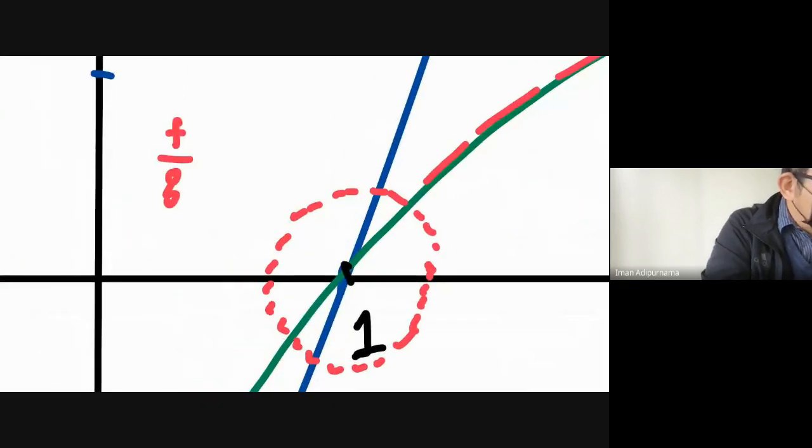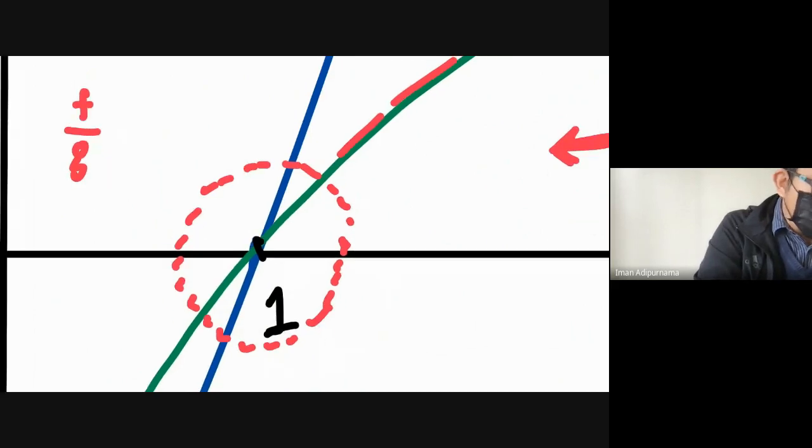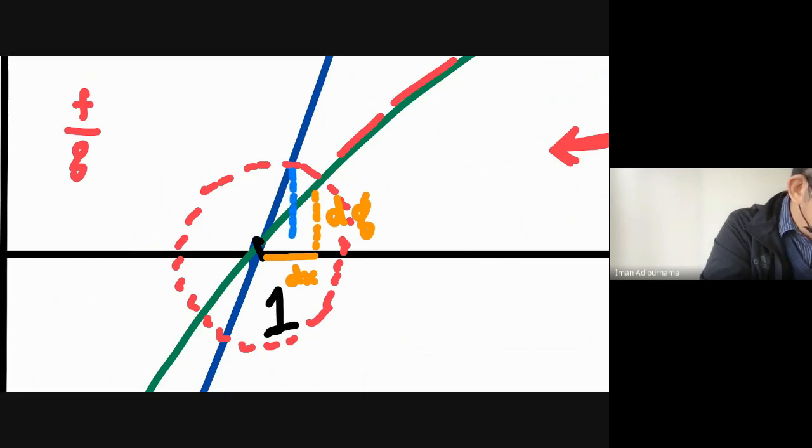If we look at this ratio, let me change color. Imagine this is a really small dg, and this is also dx, and we have a small df here, and this will be dx.